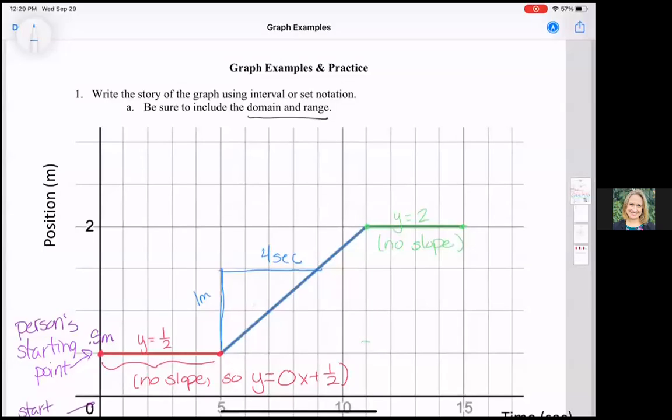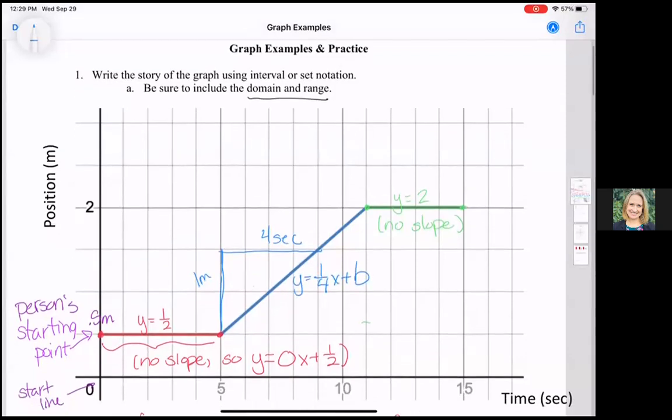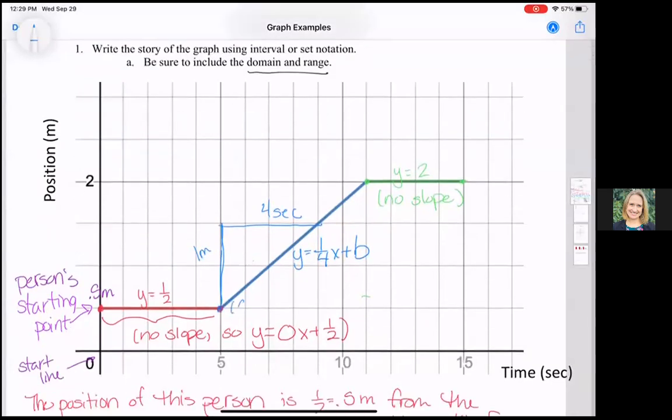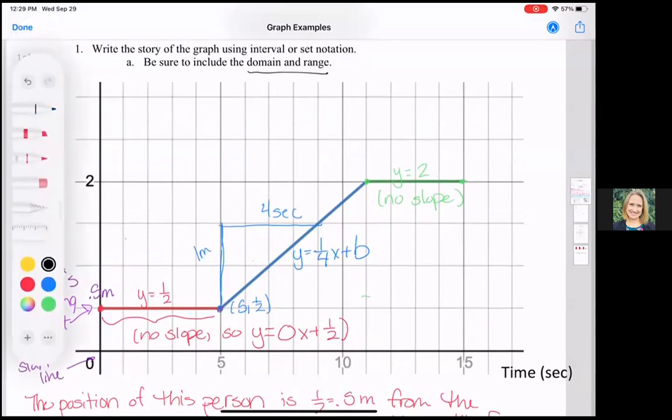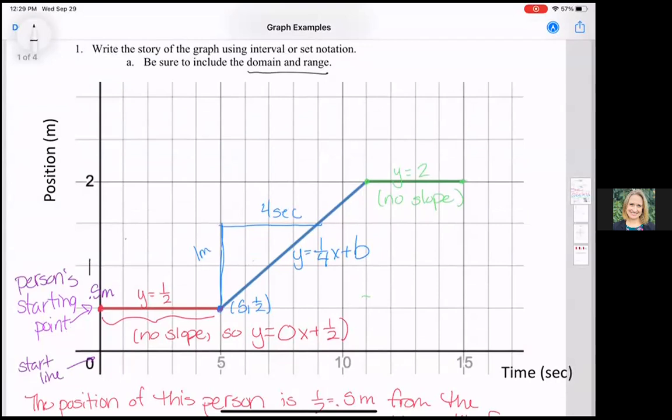So now we just explained how we got the equation here, y equals 1/4 x plus b. And if you're wondering, right here, you can see this point as 5, 1/2. And I'll label these. This is going to be 1 here, 1.5. So that's why this y value is 1/2.